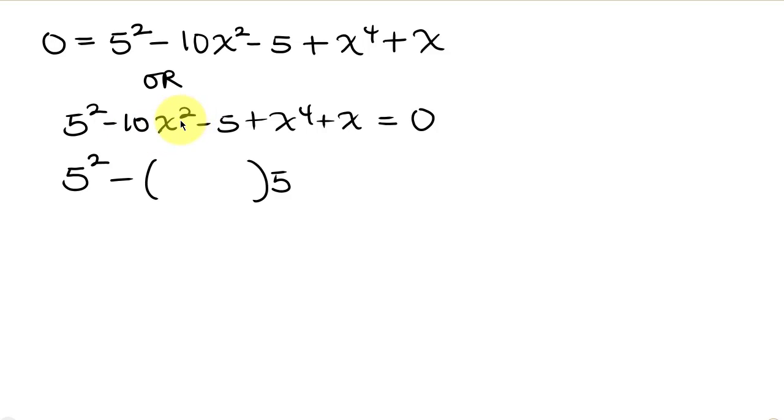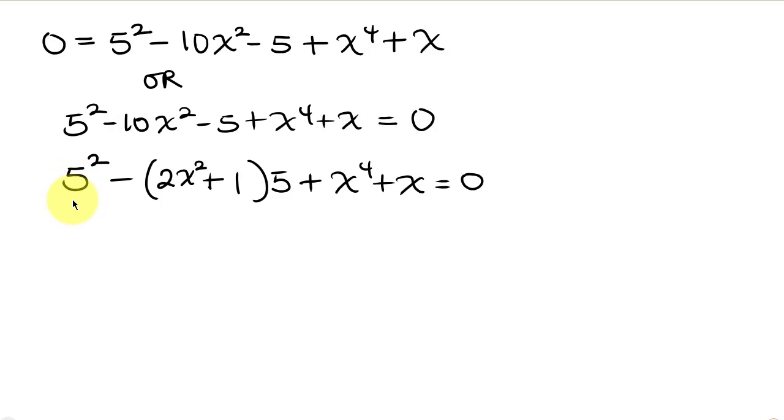So 10x squared divided by 5, that is 2x squared. Now, since negative is already factored out, that means I'm going to be having plus here. So 5 divided by 5 is 1. Very good. And then plus x to the 4th plus x equal to 0. Very good. So we have a quadratic equation in terms of 5.